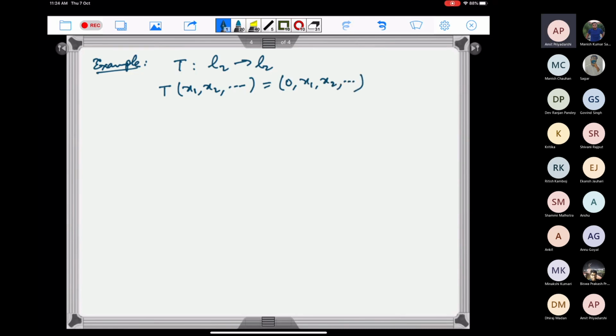So on the L2 sequence space, we define this. This is called the right shift operator, because we shift the whole sequence to the right by one place. So we put 0 in the first component and then repeat this sequence. So this is the right shift operator. Now let's calculate what its adjoint is.